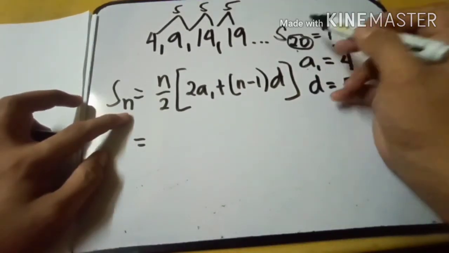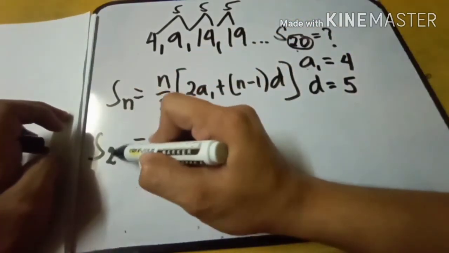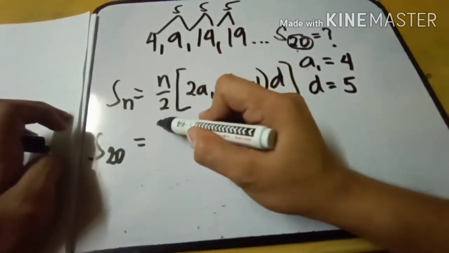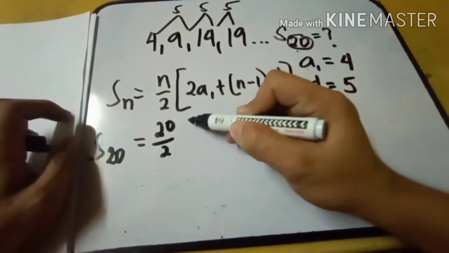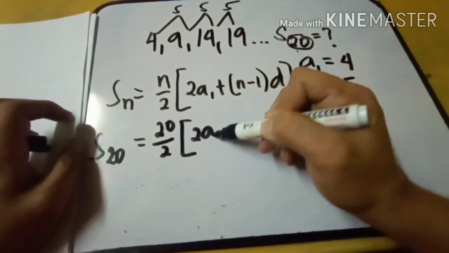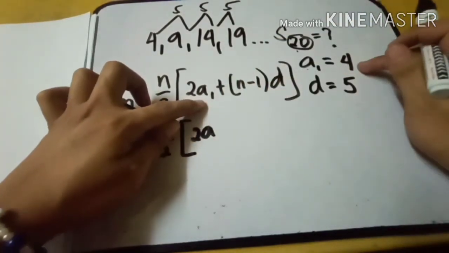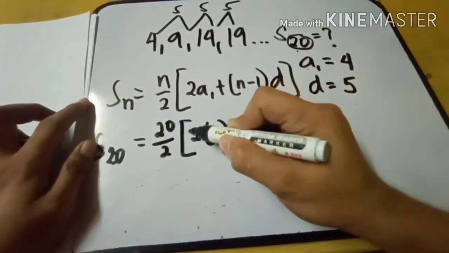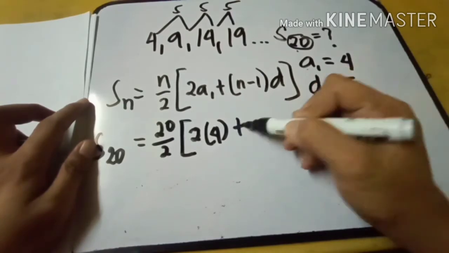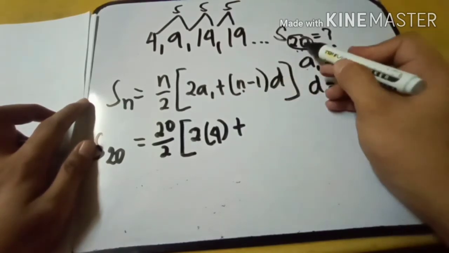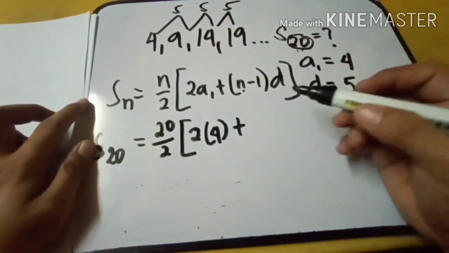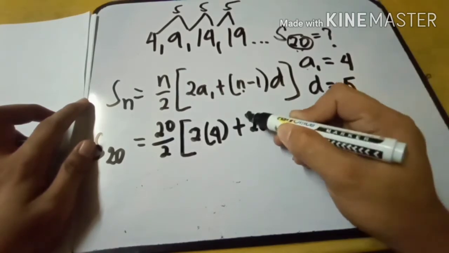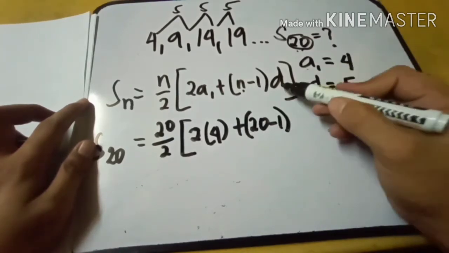So here, S sub 20, and our n over 2 is simply 20 over 2. Then 2 times our a sub 1, we have here 4, so we substitute 4. Then plus our n again is 20 because we're dealing with the first 20 terms, so 20 minus 1, and our d is 5.